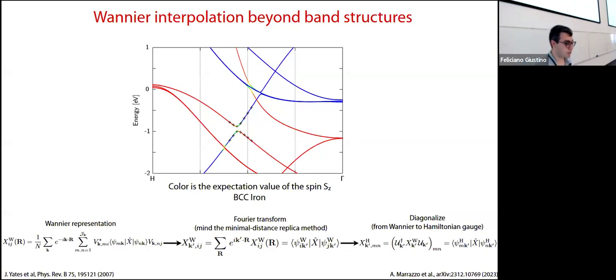Remember that the correct way is through the minimal distance replica method, and finally, you just diagonalize your X operator, which has now been interpolated in k-space. You diagonalize that to go from the Wannier gauge to the Hamiltonian gauge, and you get your interpolated quantity. Okay, so I think this is a nice example of interpolation beyond simple band structures.